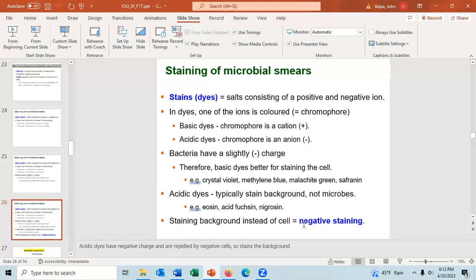So something that would be light would be dark in the negative, and something that's dark would be light in the negative. That's why it's called negative staining. And I realize that most of you probably have no idea what a negative was to those old films, but that's what they were and where the term comes from.